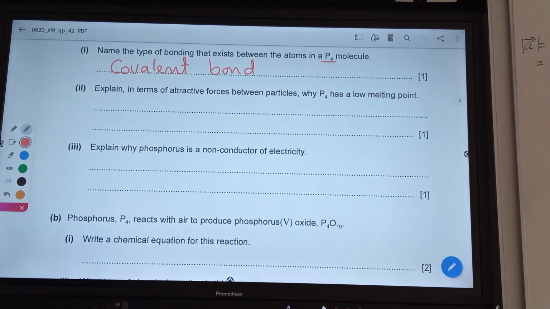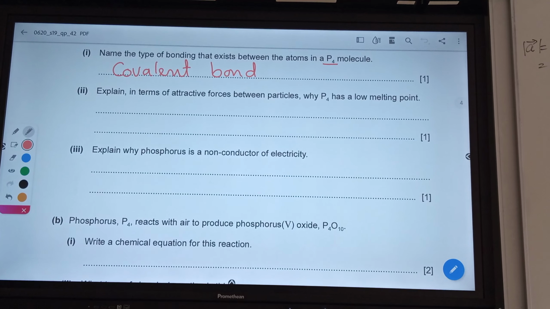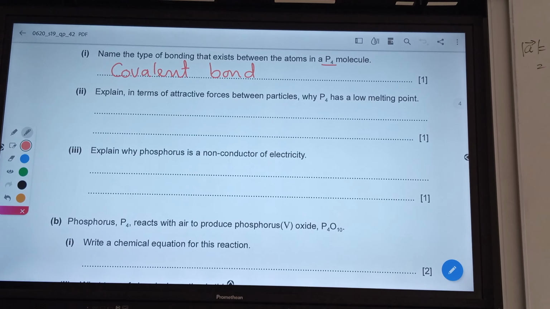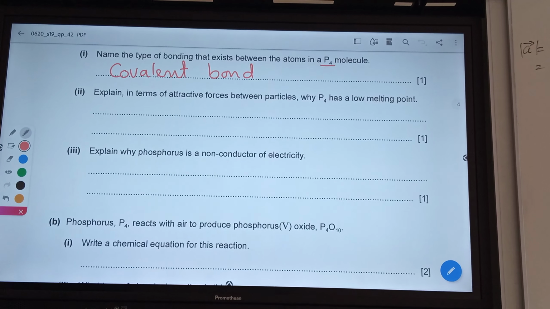Then, explain in terms of attractive forces between particles why P4 has a low melting point.